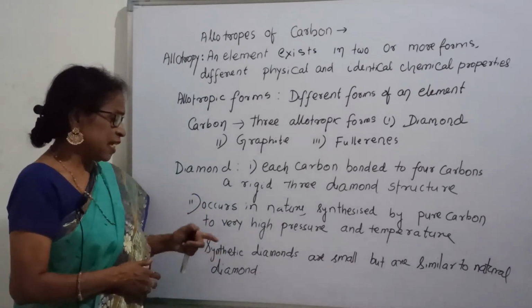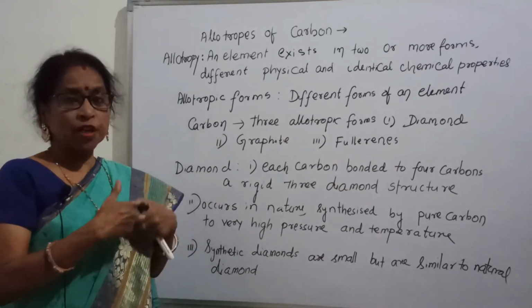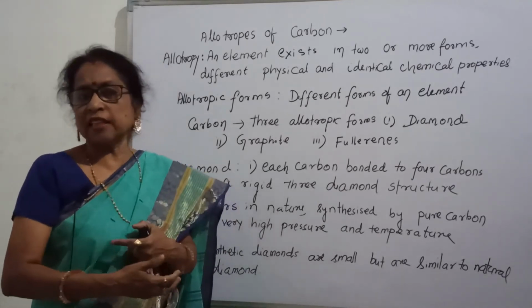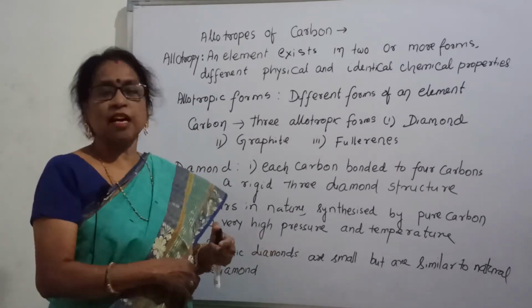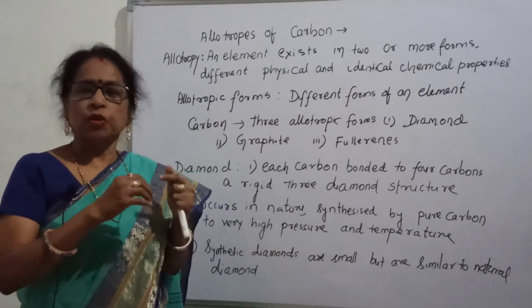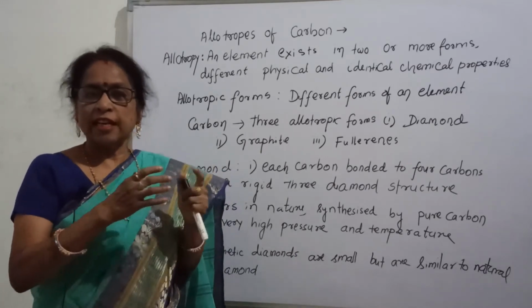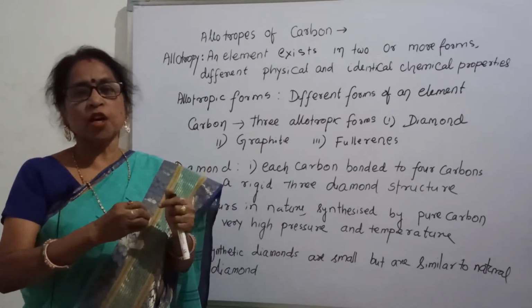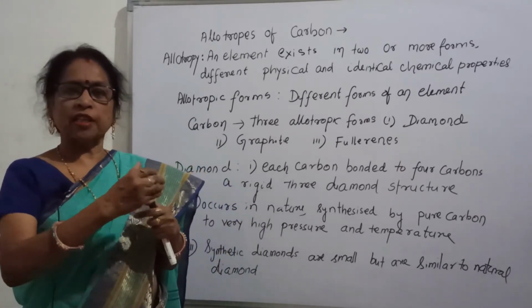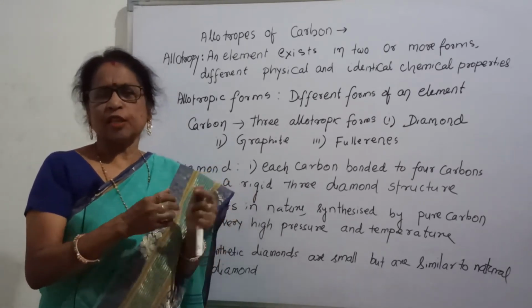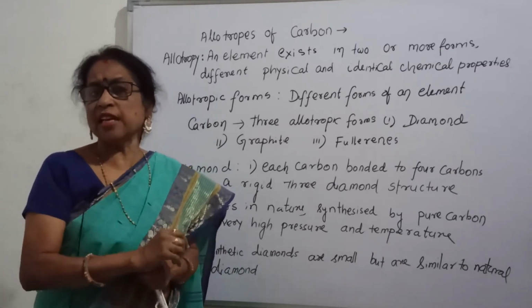Now synthetic diamonds are of very small size. What you prepare or synthesize in the lab or in industry is very small in size, but the look, behavior, nature and tendency are all similar to natural diamond. The color and structure are all similar, but synthetic diamonds are very small.